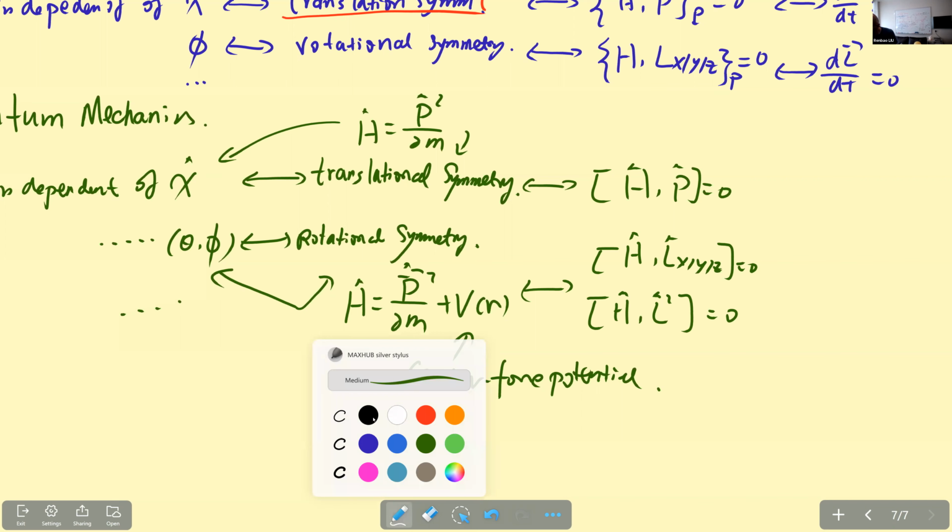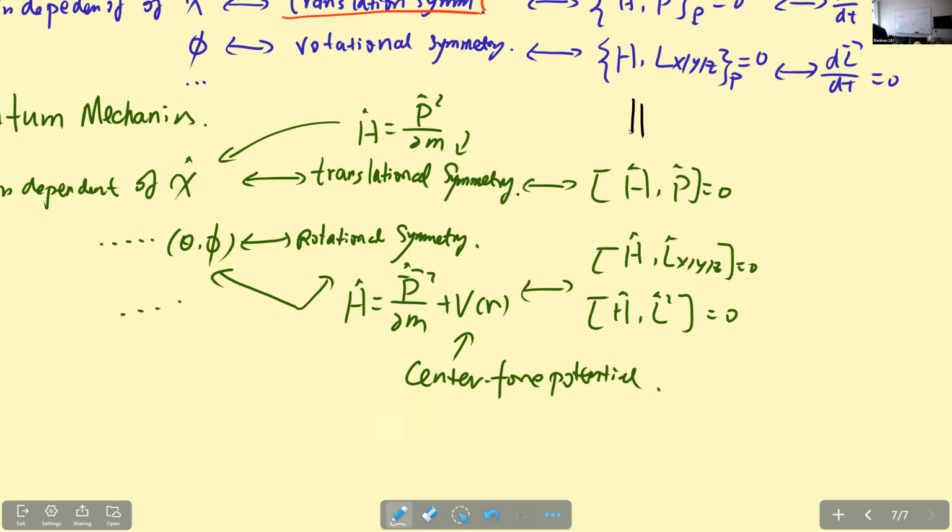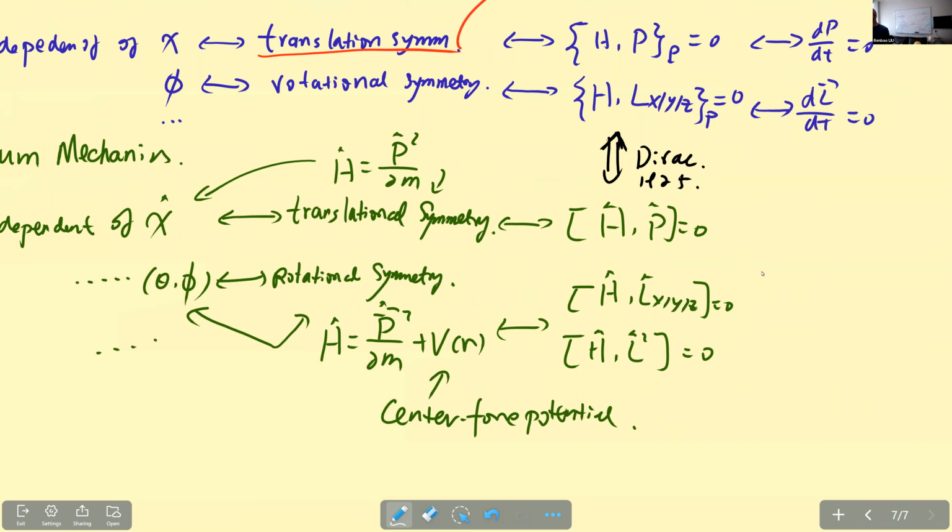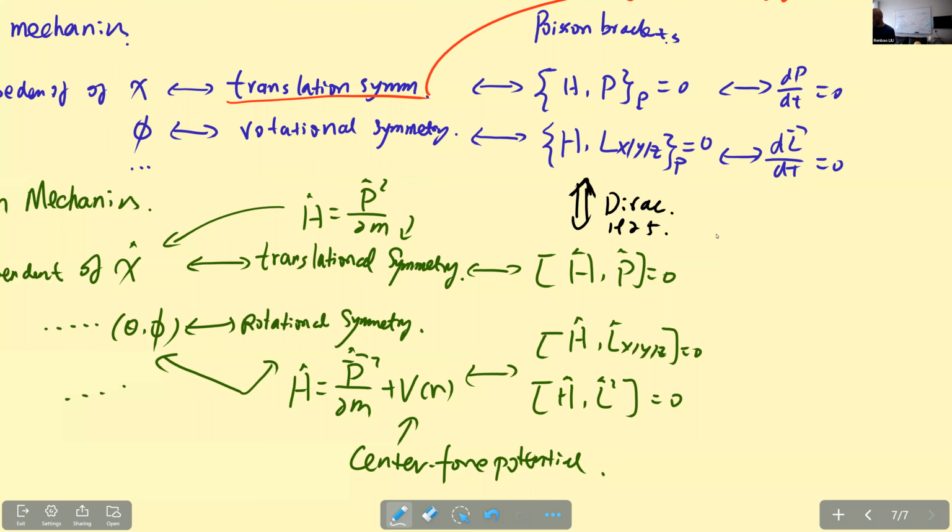I should point out that these two are actually related by Dirac. Dirac showed that there is a correspondence between the Poisson bracket and the commutator in quantum mechanics.